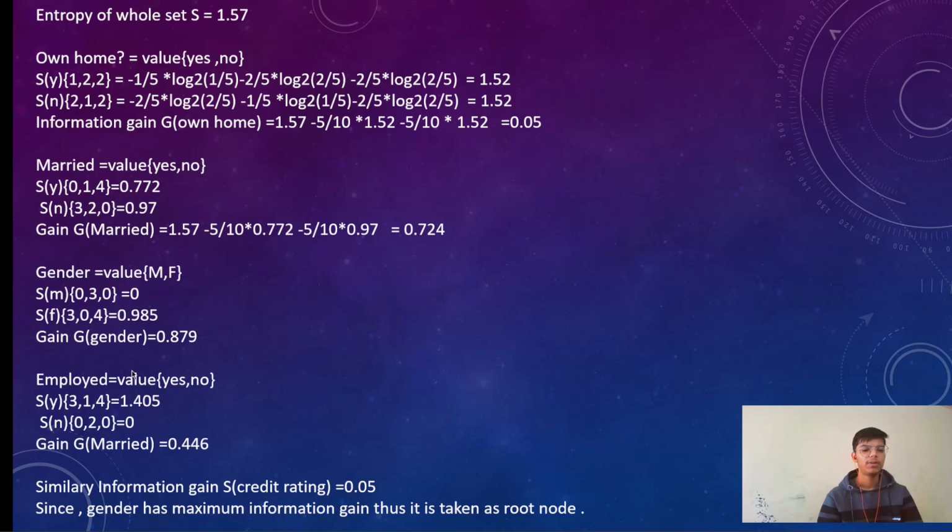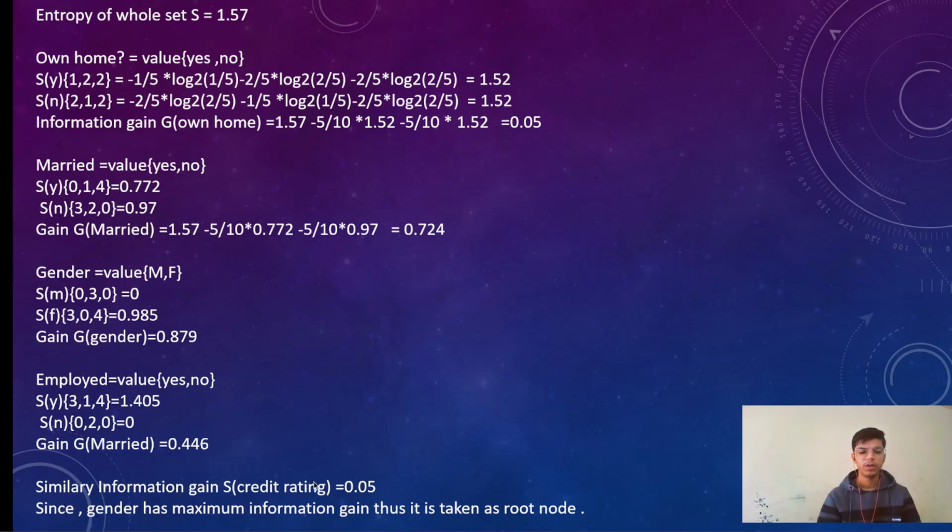And now for employed, whether he's employed, yes or no, we will find their respective entropies, and with the help of them we will find the information gain. I have made a little mistake here: it is not married, it is employed. The information gain of employed will be 0.446. Similarly, we can find the information gain of credit ranking, which I have directly written as 0.05.